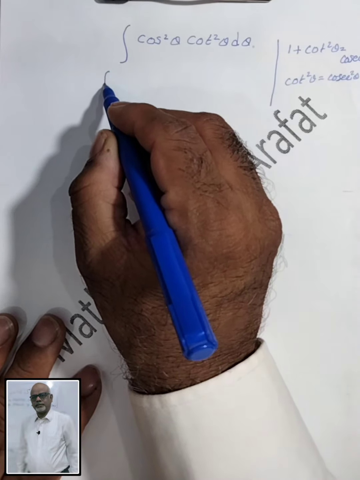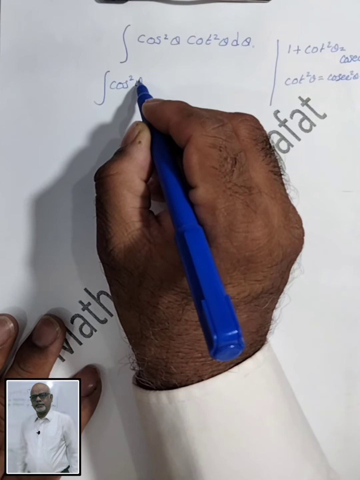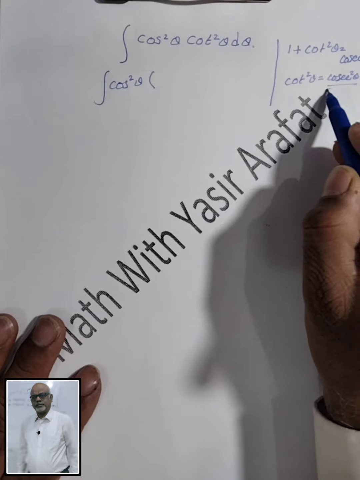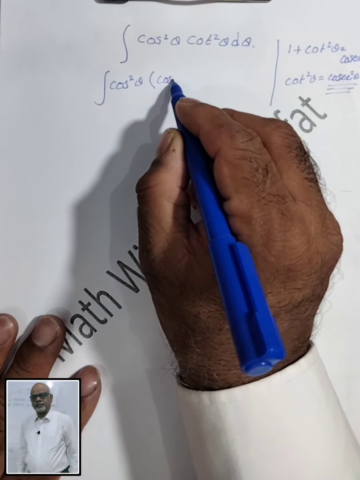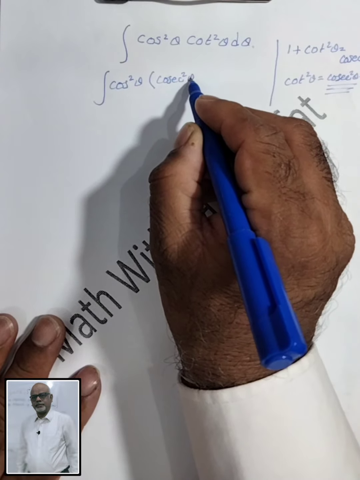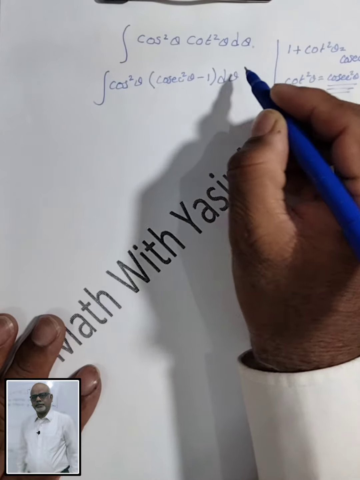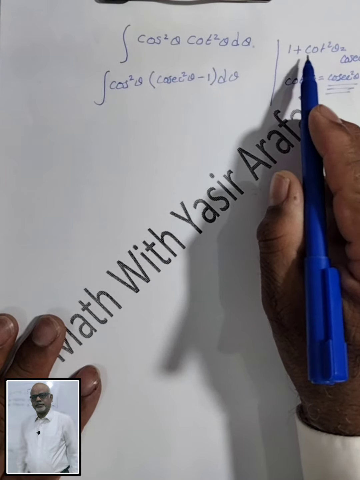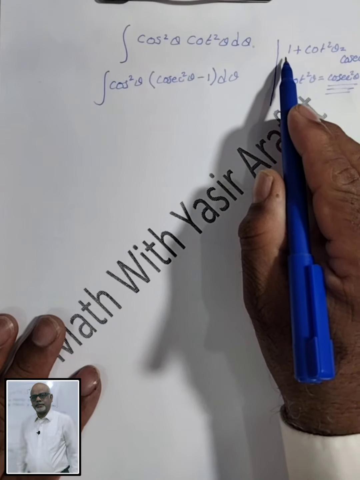So this is cos square theta and cot square theta, which equals cosec square theta minus 1, into d theta. We have the basic formula 1 plus cot square theta equals cosec square theta, so we shift this one there.